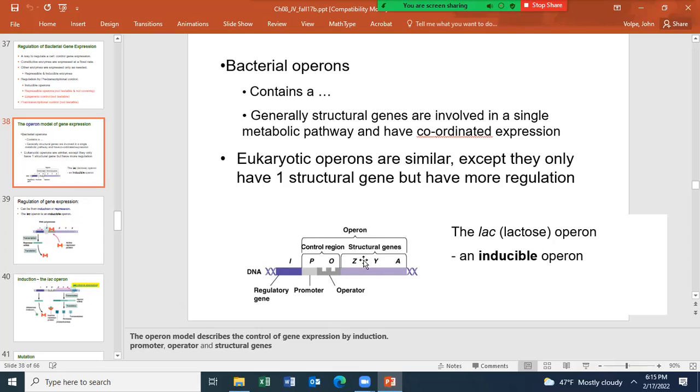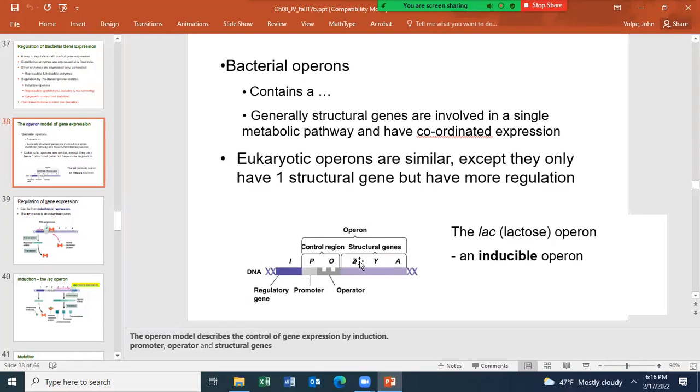So the Y gene codes for the protein which transports the sugar into the cell. The A gene helps in converting beta galactose into the sugar glucose.